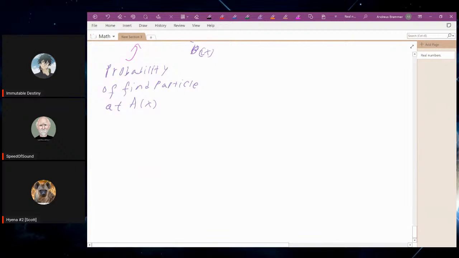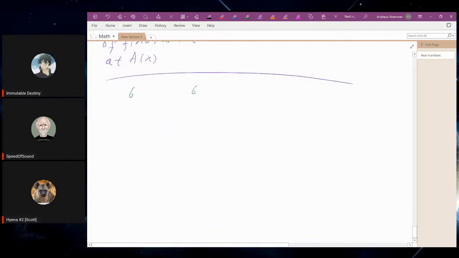Imagine we roll two 6-sided dice. So each die has 6 sides, and the other one also has 6 sides. And each die has a number associated with each face of the die.